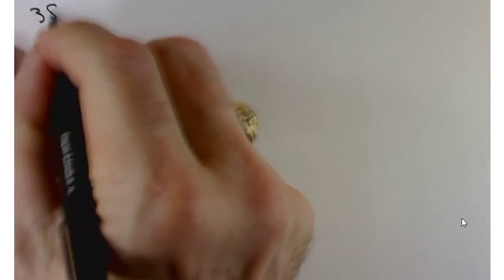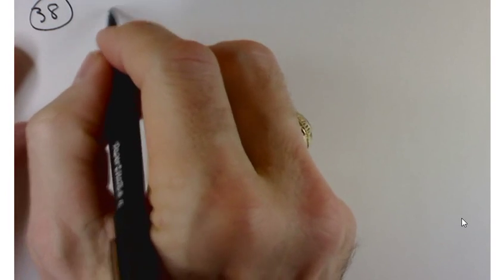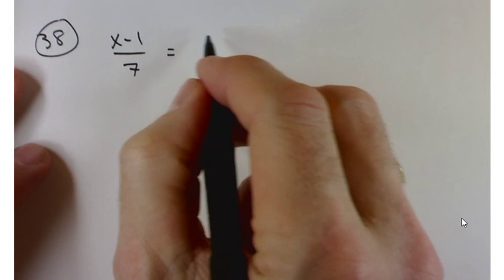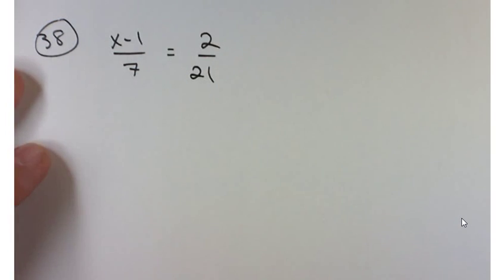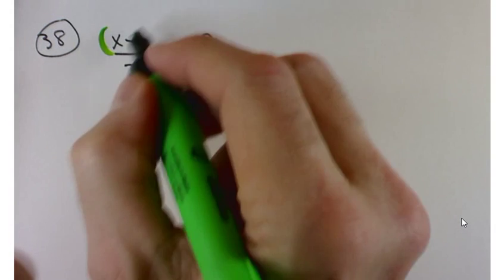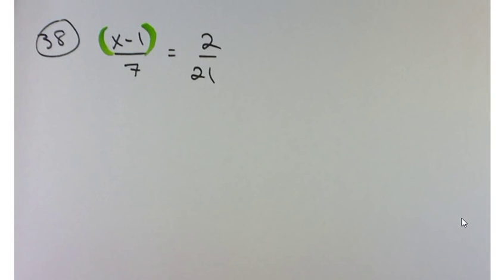Let's try problem number 38. X minus 1 over 7 equals 2 over 21. Now just a little piece of advice here. If you're working one like this, put parentheses around that numerator term for yourself.